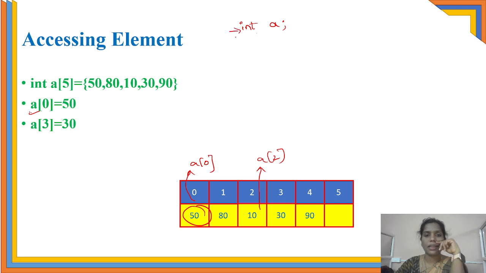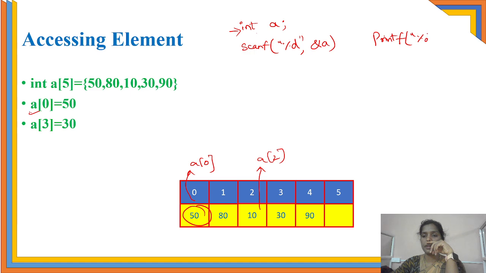So let's take an integer variable. How to read this? scanf percent d, address of a. How to print this? printf percent d, a, right? So here we are not having a single element. We have a of 0, a of 1, a of 2 and so on. The last element is a of n minus 1, right?